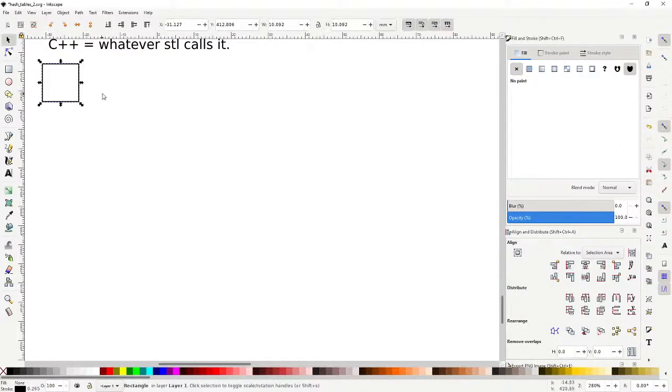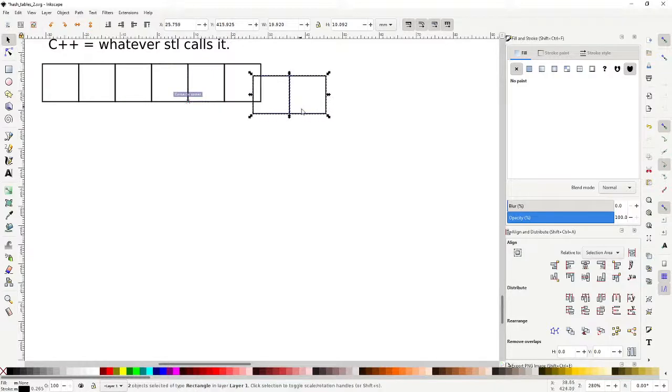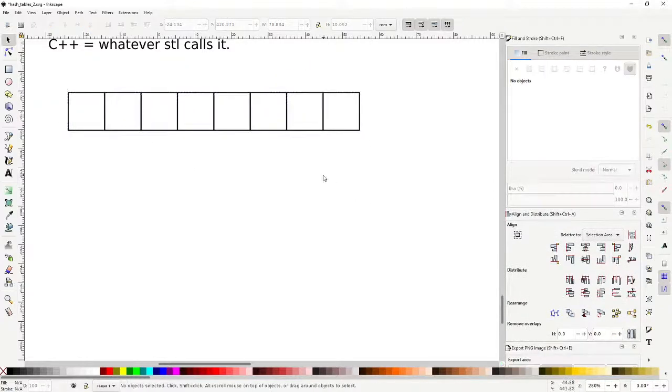So let's build an array. Let's see, 1, 2, 3, 4, 5, 6, 7, 8. Okay, good, 8's a good number. So let's say that this is our array.